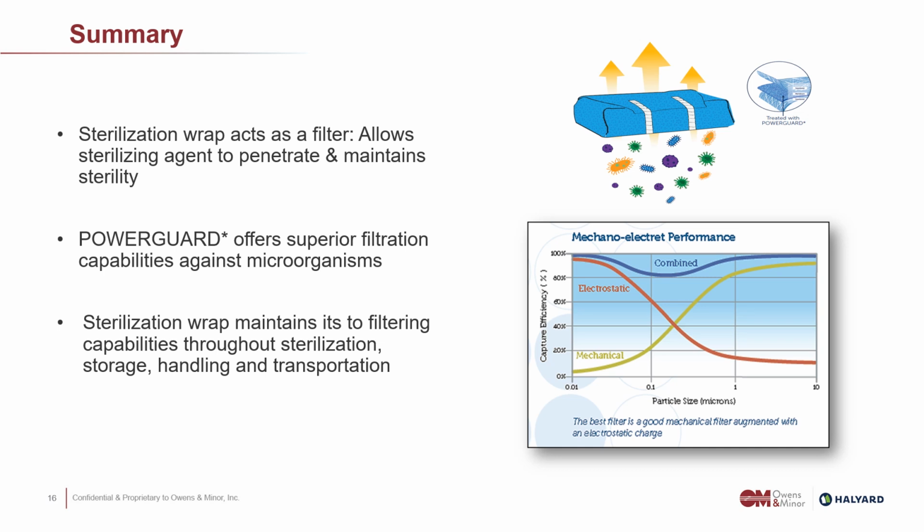PowerGuard is exactly starting at that point of 0.3 micron, where mechanical filtration barely functions, and PowerGuard will make the difference and offers superior filtration. PowerGuard remains active throughout sterilization, storage, handling, and transportation.